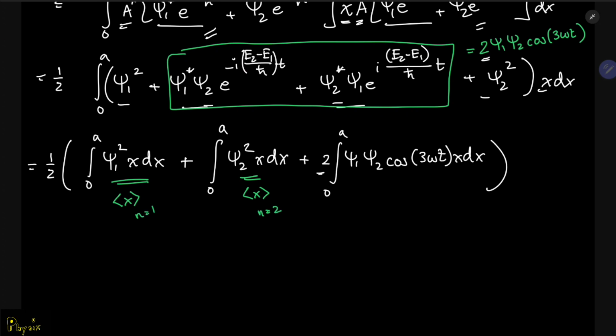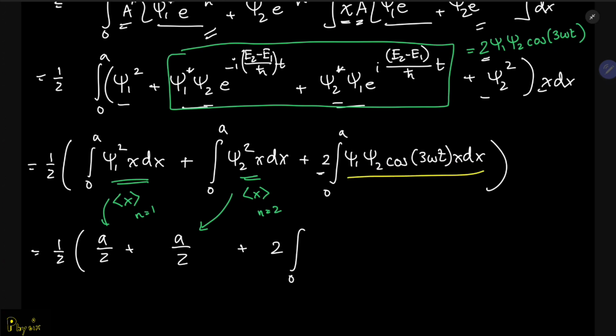So in problem 2.4, which I will link in the description below, we found that the expectation value of x in the infinite square well, no matter what, is a over 2. So we can write this as a over 2 plus a over 2. All right, so we are left with the last integral over here.